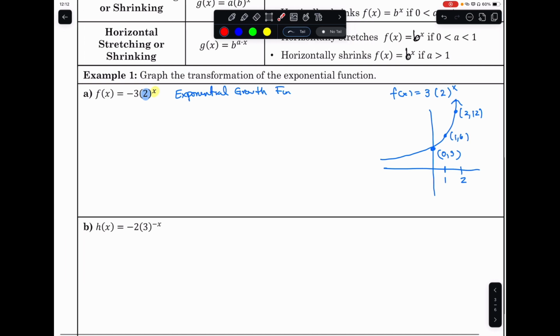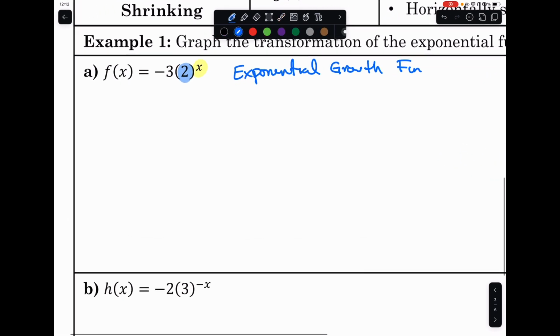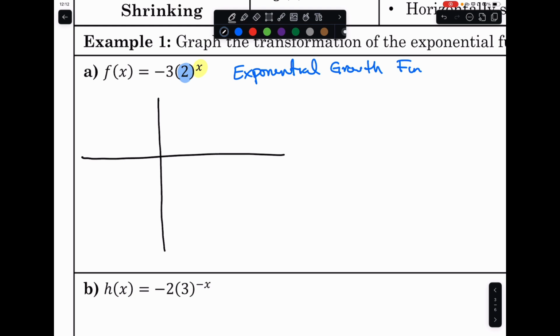Now, by having a negative sign right here, all we're going to do is simply reflect this exponential growth function. And the graph to this equation here will simply be a reflection. So instead of crossing the y-axis at 0, 3, we will cross the y-axis at 0, negative 3.